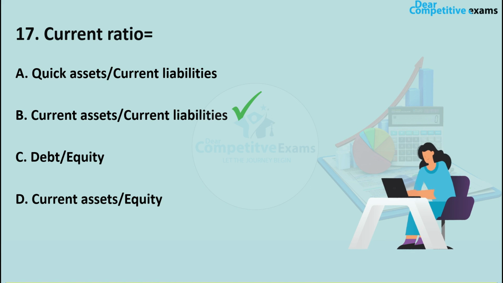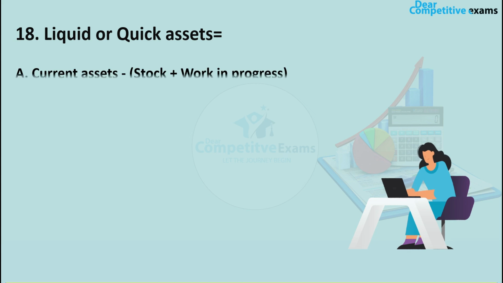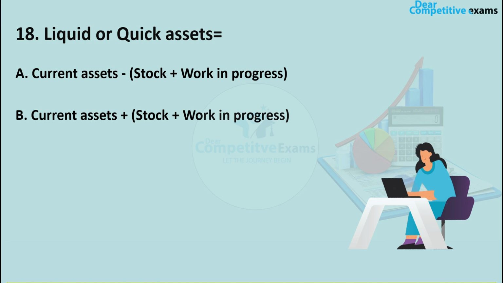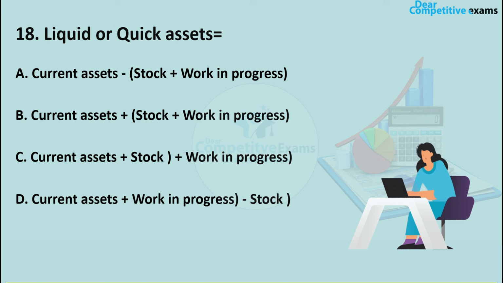Let's move on to question number 18, and that is liquid or quick assets. What kind of assets are known as liquid or quick assets? Current assets minus stock plus work in progress, or current assets plus stock plus work in progress, or current assets plus work in progress minus stock.